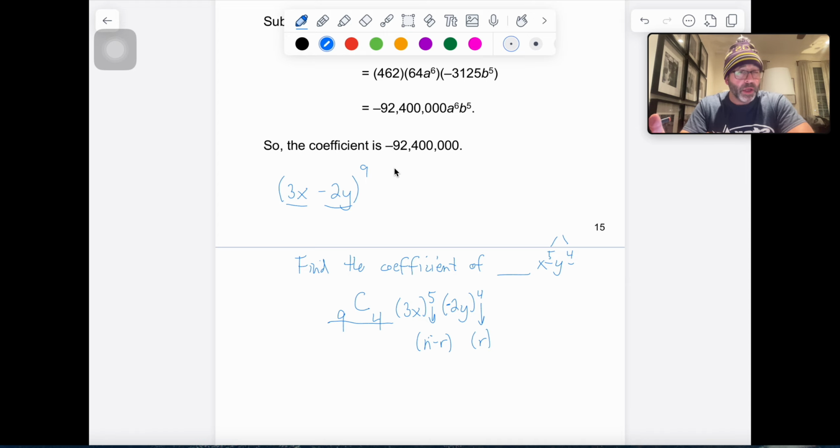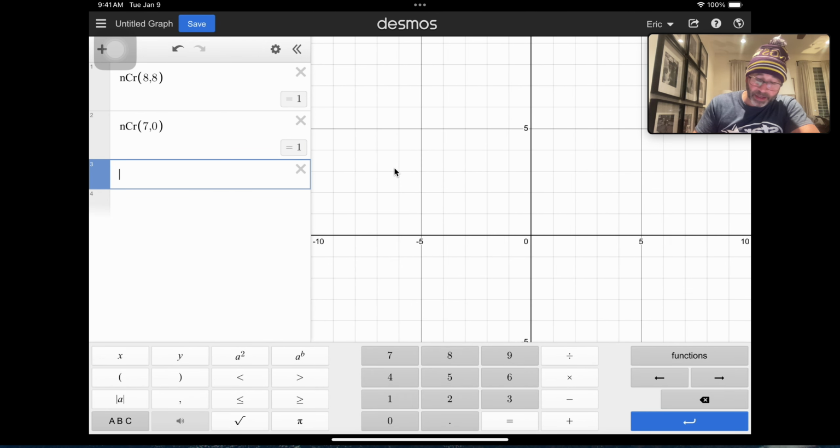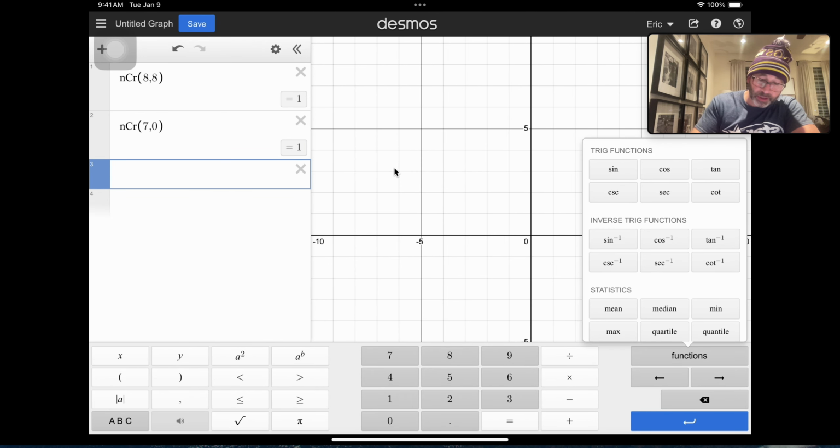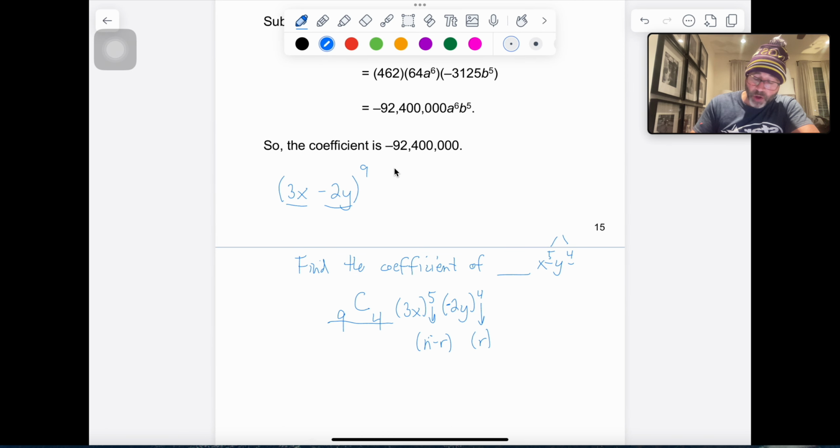That's it. So if we go ahead and put in 9C4, go to the function menu, go to the bottom, and we're going 9, comma, 4. That's 126. So this is going to be 126.